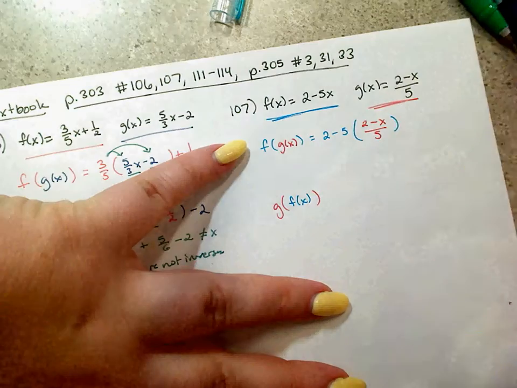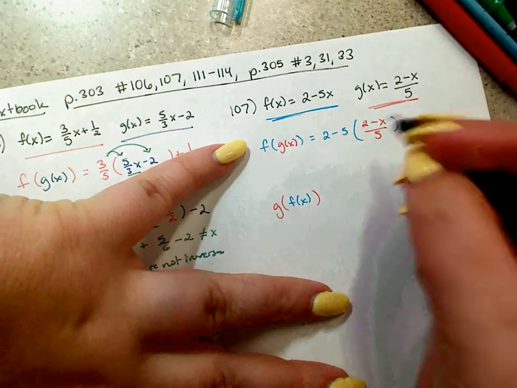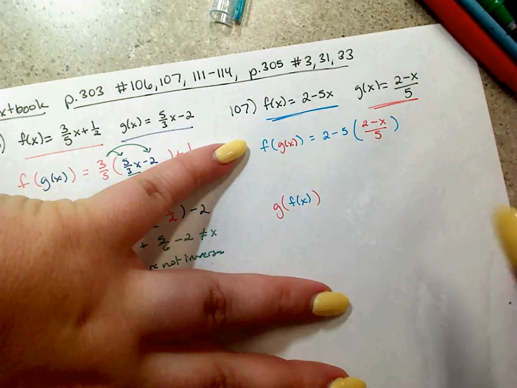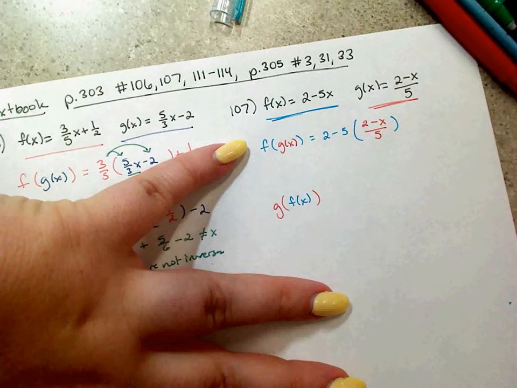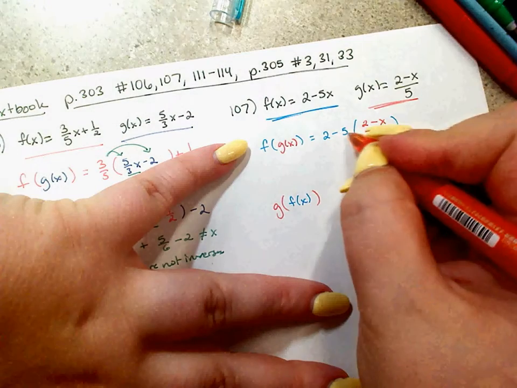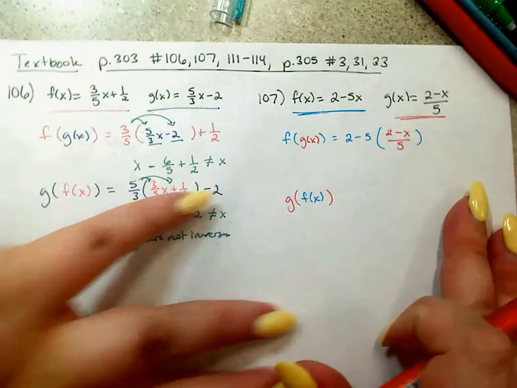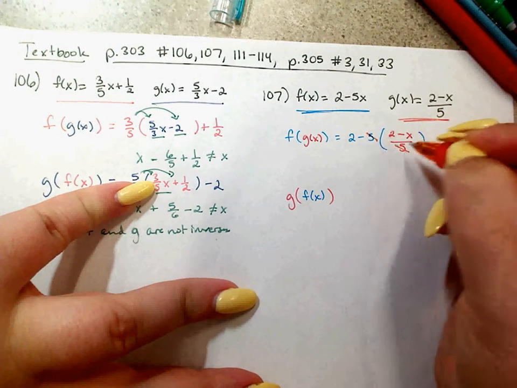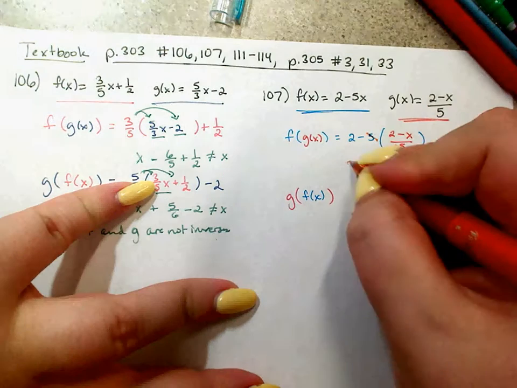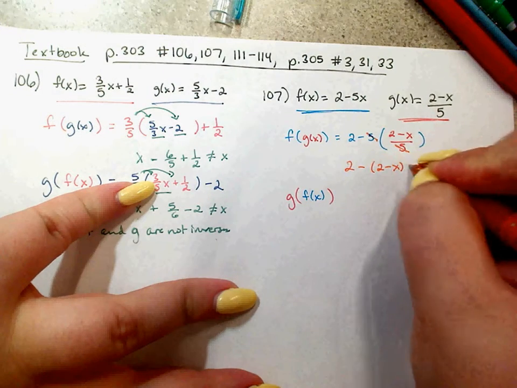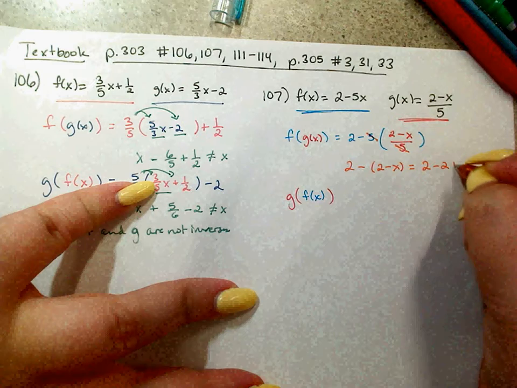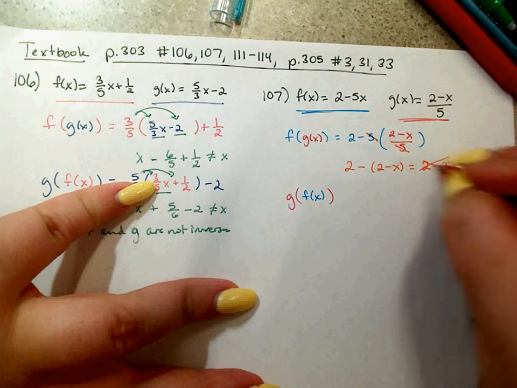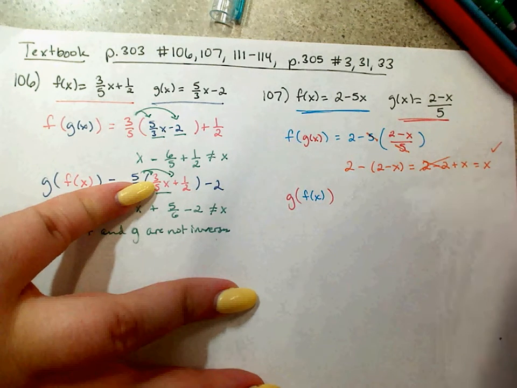So if I simplify this, I'm going to go ahead and simplify the 5 divided by 5. 5 divided by 5 is 1. But I am subtracting, so it's 2 minus the quantity 2 minus x, which equals 2 minus 2 plus x. And the 2s simplify out, leaving just x, so that is promising.